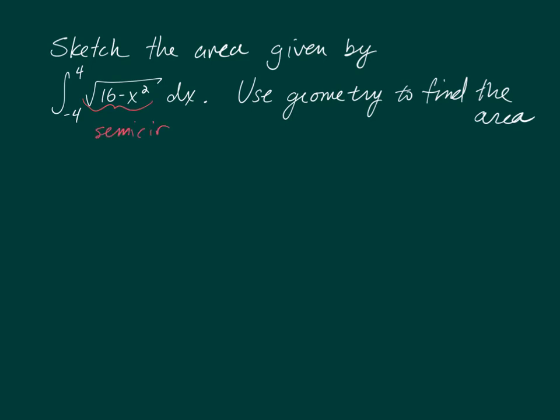And the center is at 0, 0. And it has a radius, the square root of this number here. So this is 16, square root of 16 is 4. So this has a radius 4.